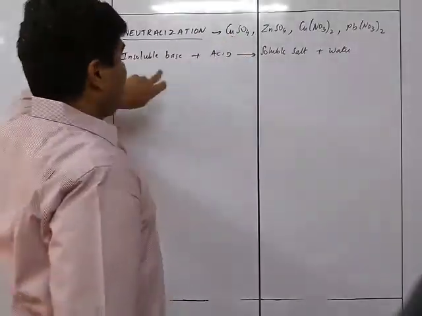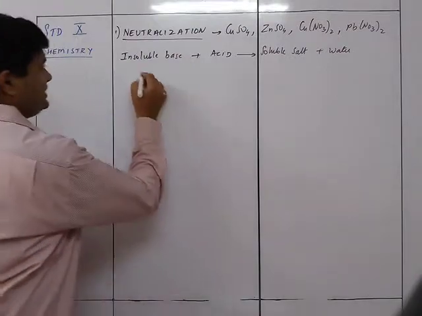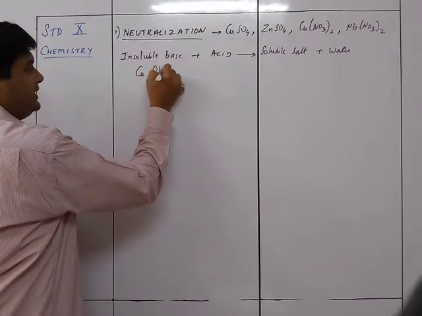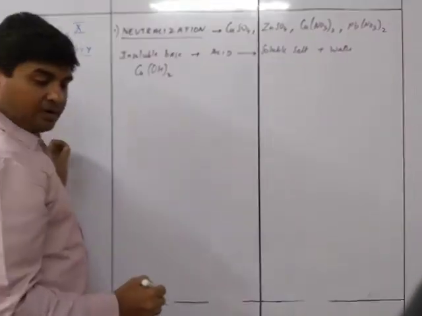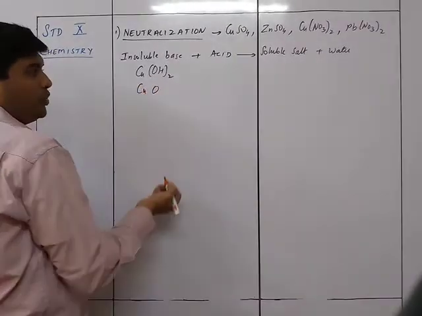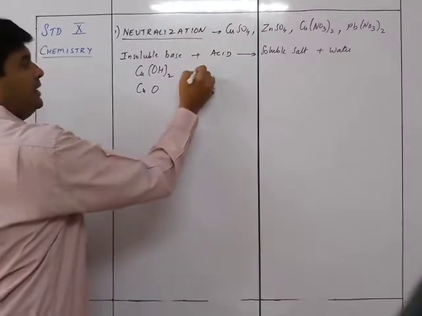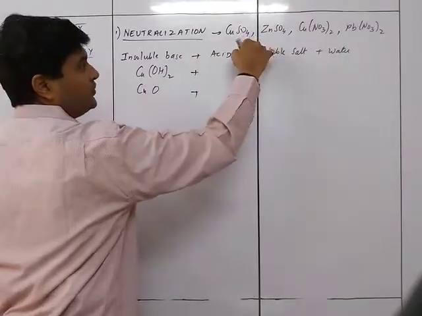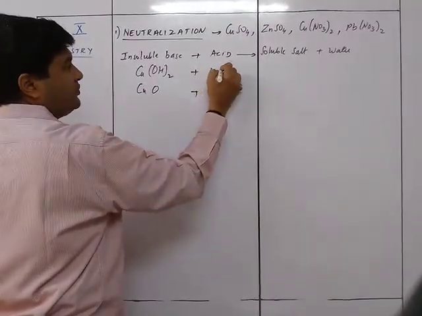The base I'll be taking will of course be Cu(OH)2, or I can even take CuO; both are possible as bases. Because I want CuSO4, the acid here will be H2SO4.